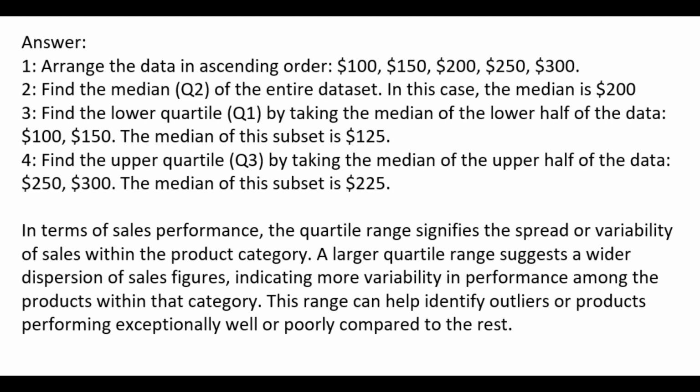A larger quartile range suggests a wider dispersion of sales figures, indicating more variability in performance among the products within that category. This range can help identify outliers or products performing exceptionally well or poorly compared to the rest.